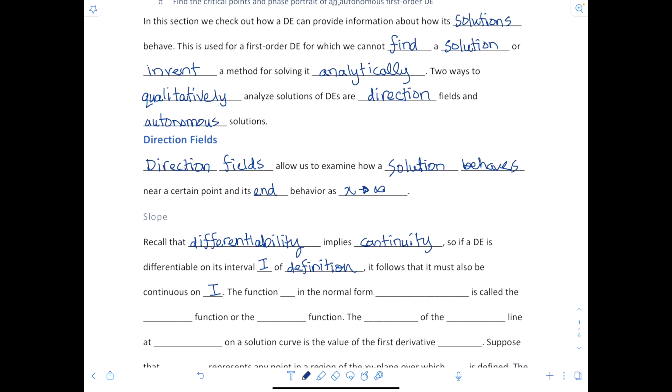The function f in the normal form dy dx equals f of x and y is called the slope function or the rate function.